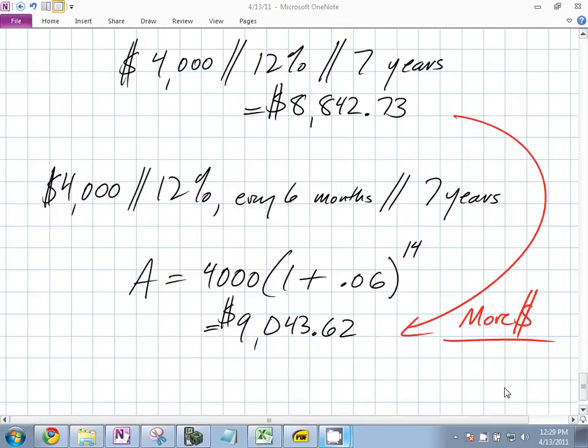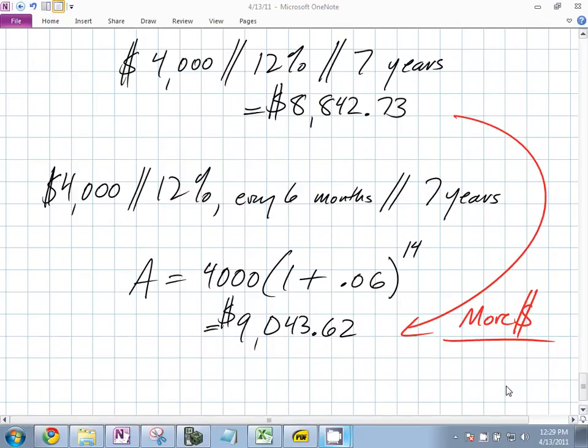Money over time is money. If I put $1,000 into an account right now at 10%, I'd get out at the end of the year $1,100, right? But if I got that $1,000 at the end of the year, that's only $1,000. Money over time is money. You have more time to earn interest. So by compounding it more often, you earn more money.